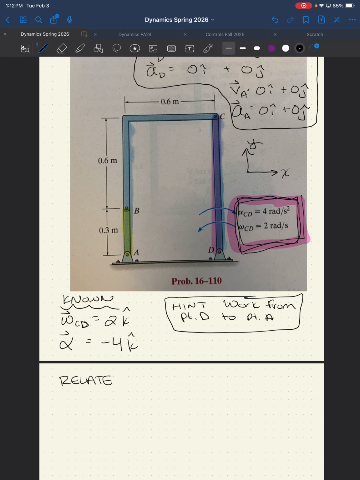We're going to do both velocity and acceleration, so I'll just say relate D to C. That better?